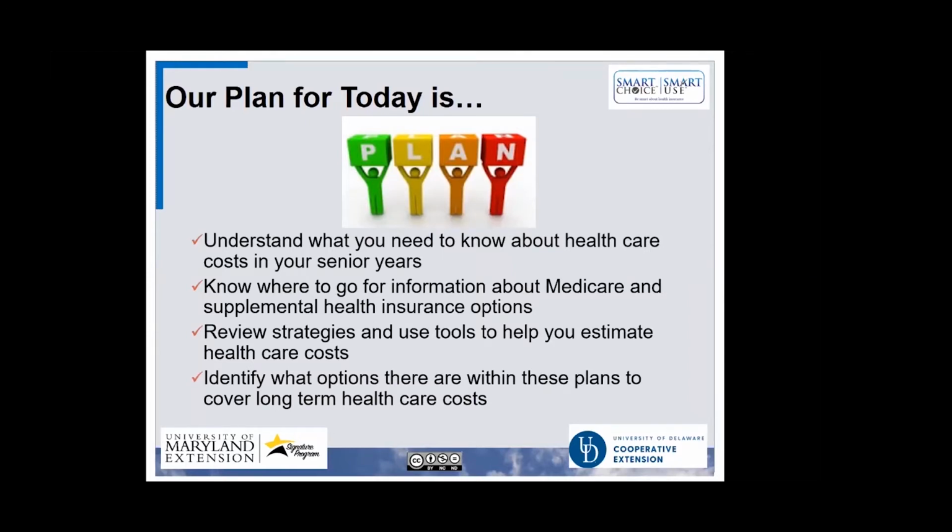Primarily, we'll be focusing on Medicare, but there's some other information to pass on as well. We'll point you in some good directions to get more information about Medicare. There's a lot to know. We will not be covering everything you need to know about Medicare in this hour, but just knowing where to find the information when you do want an answer to a question is really important too. So we'll give you some reliable resources for that.